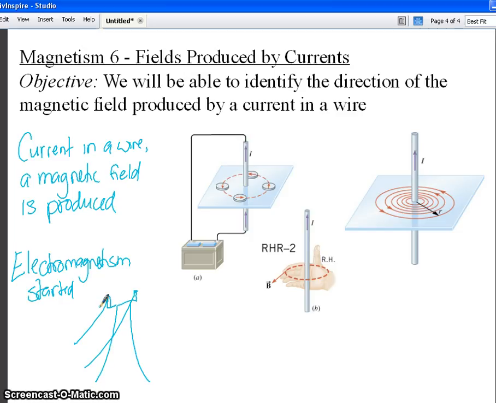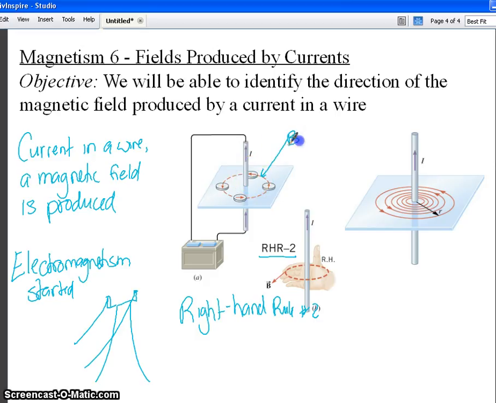Okay, so here is a picture of a wire, and we're going to have what we call right-hand rule number two. In right-hand rule number two, it's very simple. You can see from these pictures, the magnetic field is in a circle around the wire.